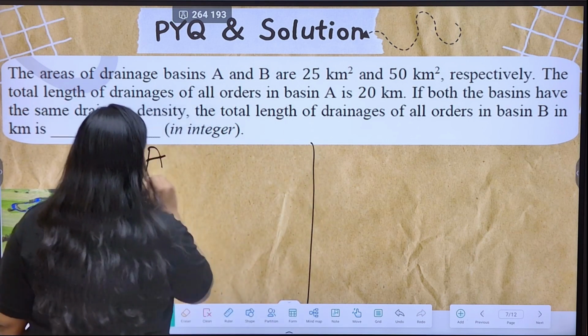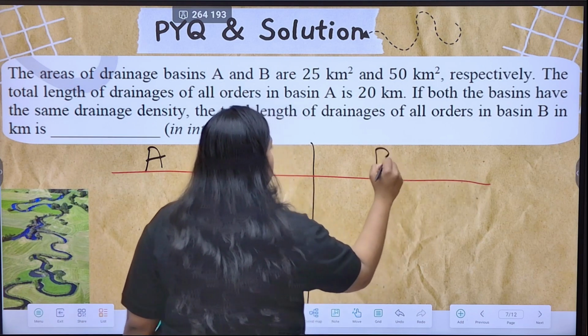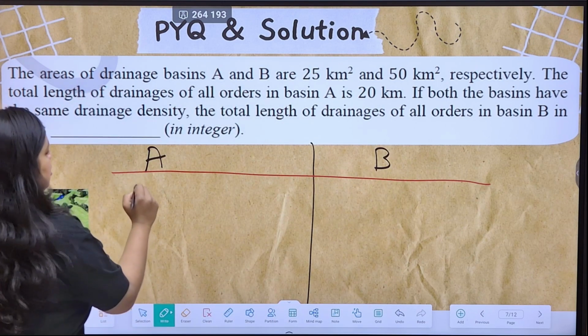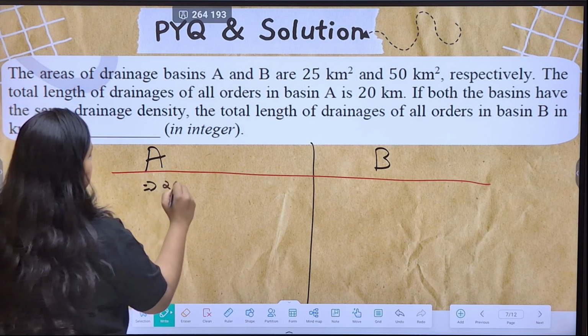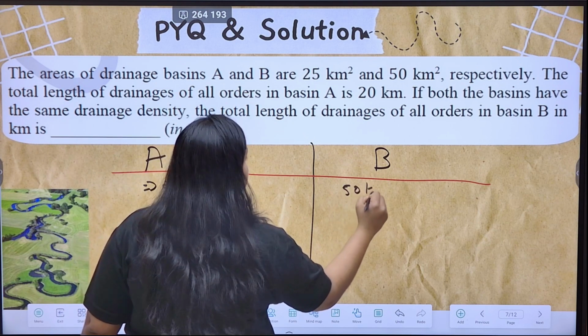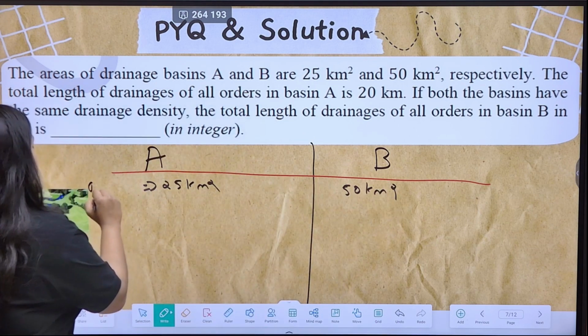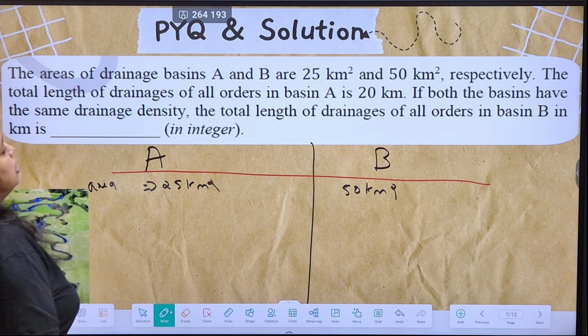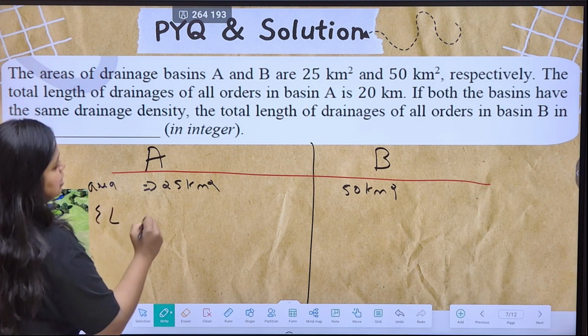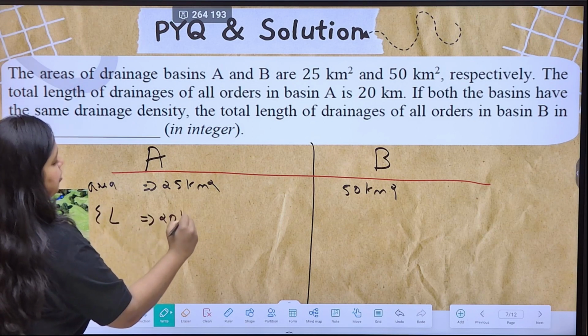For drainage basin A, the area is 25 kilometer square and that of B is 50 kilometer square. This is the drainage basin area. They have mentioned that the total length of drainages of all orders in basin A, the summation of length, is 20 kilometers.